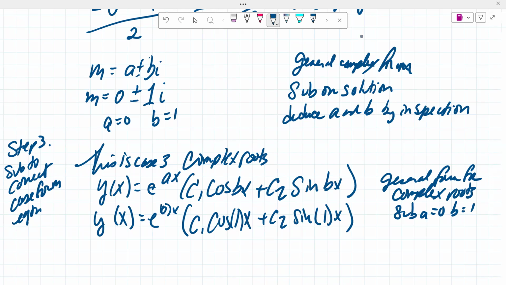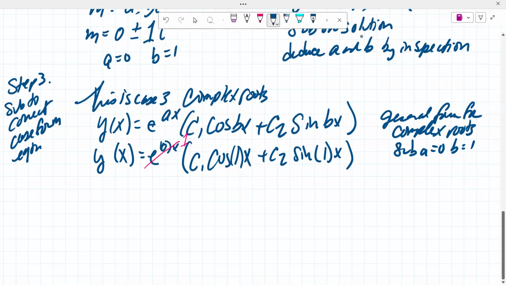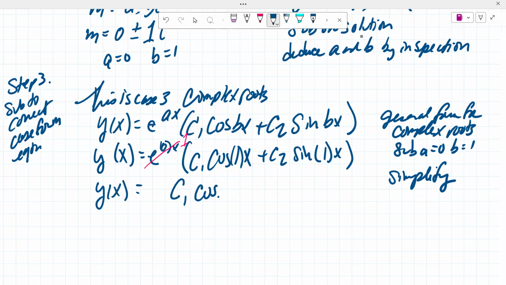Now anything to the 0 power is 1, so this is going to go away, and the cosine of x and sine of x carry along. So let's simplify. y of x equals c1 cosine of x plus c2 sine of x.